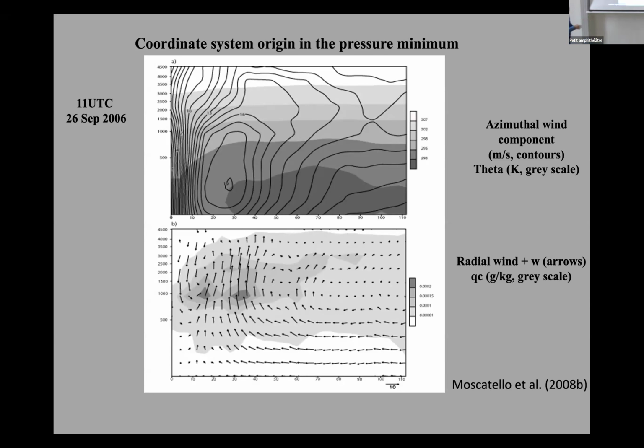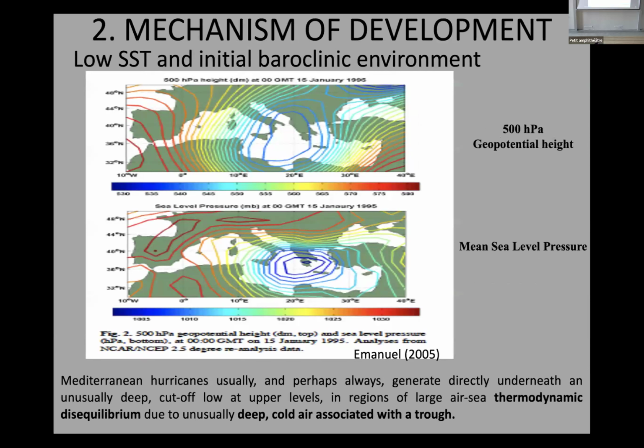This structure is similar to what Stavros showed the other day for Zorbas, but when you look, for example, at the poster by Jesus outside, you see that this trend, this reduction in the radius of the wind structure, progressively getting closer to the center of the cyclone, is not common to all cases. So this is a way that differentiates somehow the behavior in all the so-called Medicanes.